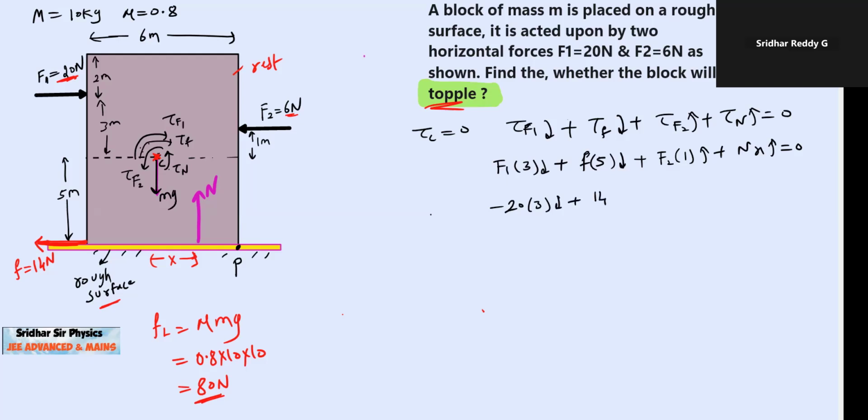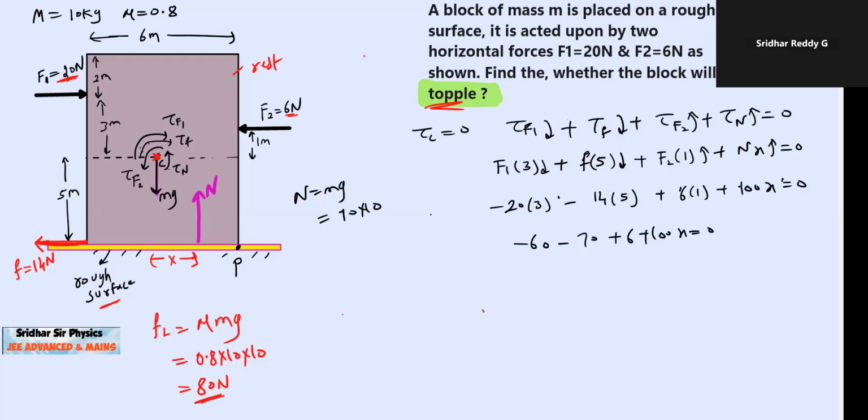Frictional force, 14 into 5. Applied force, 6 into 1. Normal contact: how much is the normal reaction? It should be equal to mg, 10 into 10, 100. 100 into x. This will be minus 60, 76 plus 100x, minus, or say 130, equal to 106. So x equals 130 by 106.